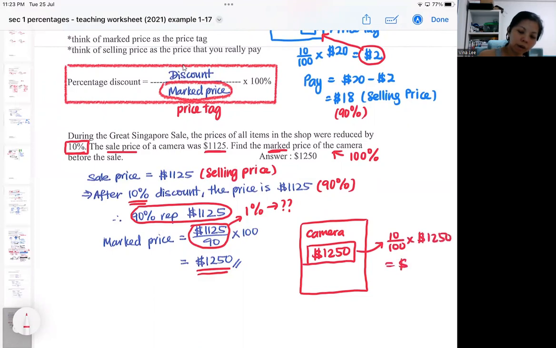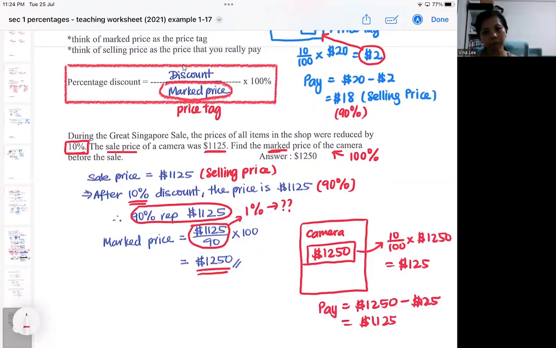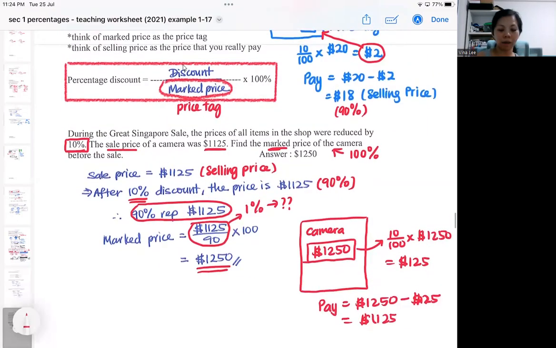You get $125 off. When you go and pay, you pay $125 less. You should get the same amount back, which is the sale price. So you can always work backwards. That is the idea of discount.